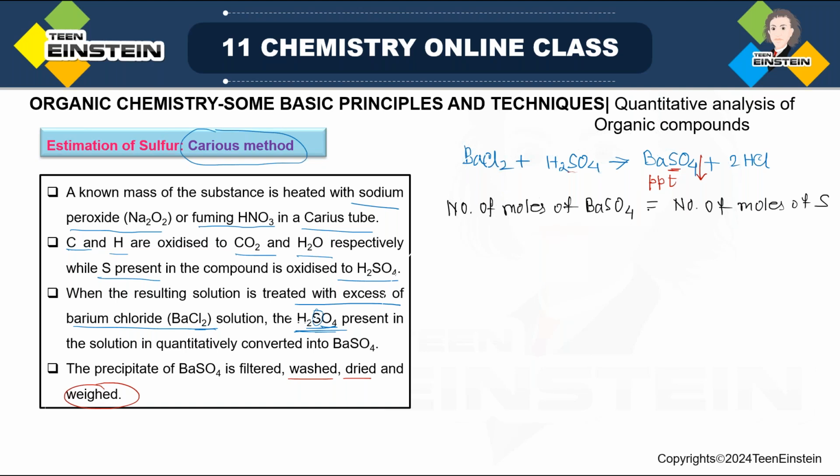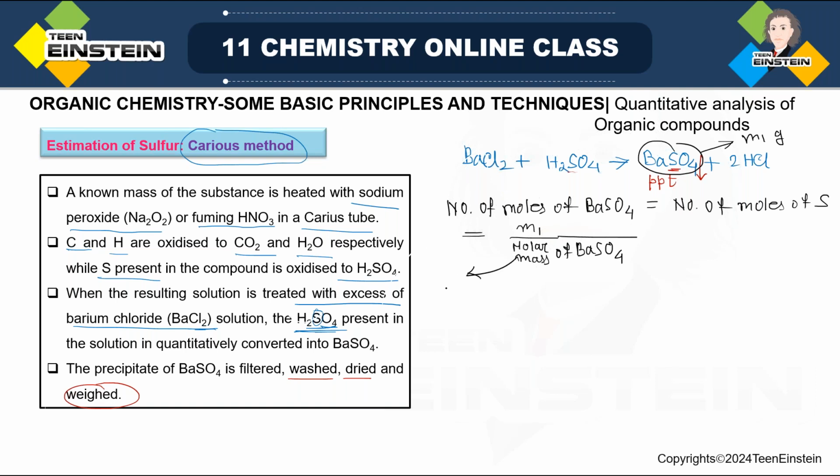The number of moles of BaSO4 is the mass of BaSO4, suppose m1 gram, divided by the molar mass of BaSO4. So the molar mass of BaSO4, that we have to calculate.